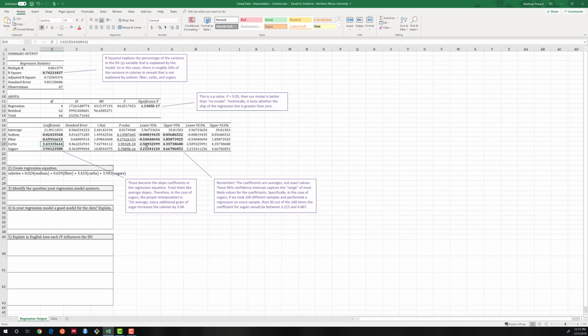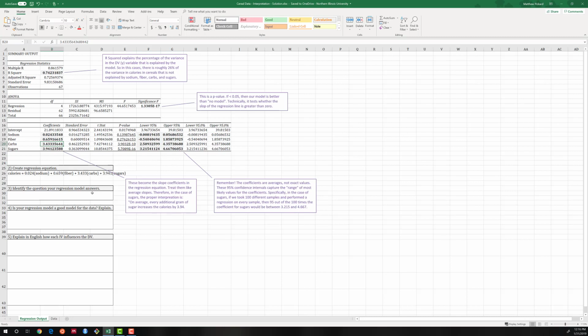In fact, you could almost say, on average, if I increase my carbs by 1 gram, it's going to increase my calories anywhere from 2.5 to 4.35. And so you could actually give a range. And that's important information when you're making decisions.